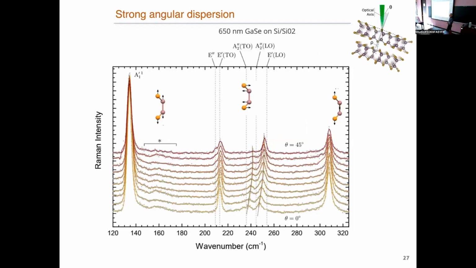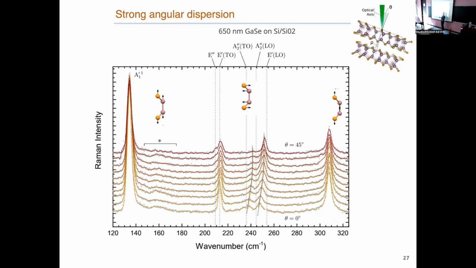So the next experiment that you can do is measure the same spectrum, but as a function of the tilt angle between the light and the sample. The mechanical phonons, those that are isotropic in this material, always stay at the same energy whatever the angle from 0 to 45 degrees. It's true for this one, and another mechanical phonon. But if you look at those new unaccounted phonons, you can see that there's a significant dispersion with angle.